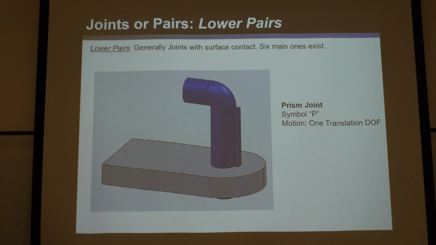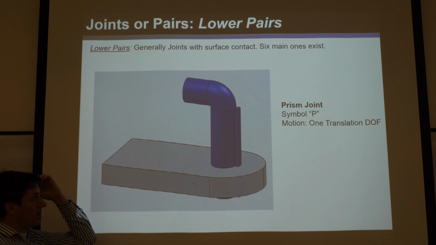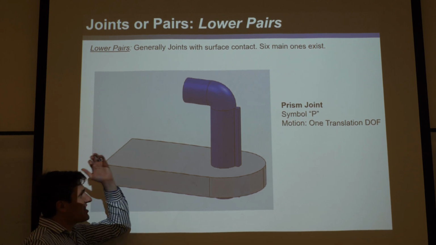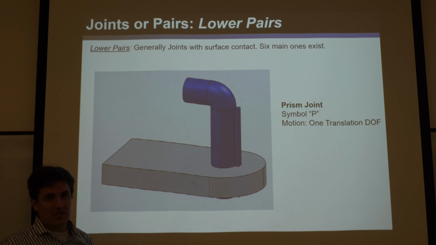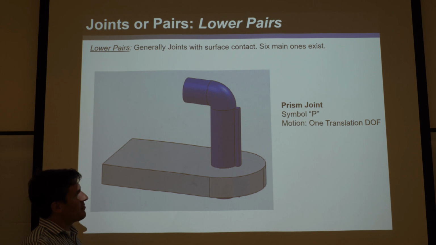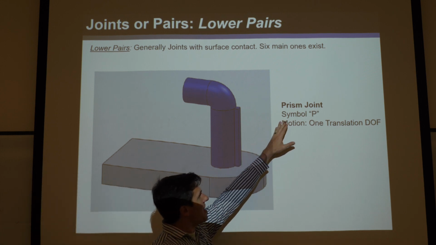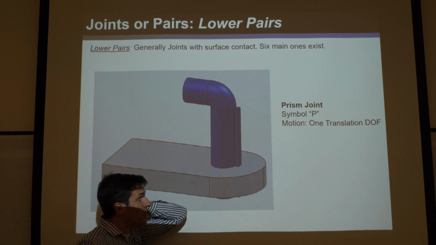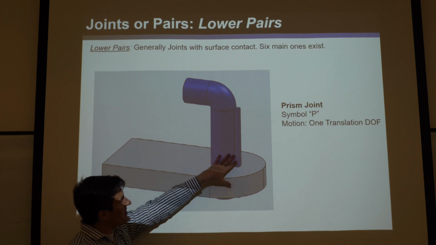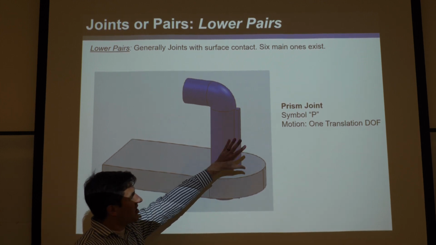Okay, let's look at another example. This is another one degree of freedom lower pair. This is a prism joint, which translates. Some people call it a translational joint or slider joint, but prism joint is the formal name. Its symbol is P for prism. You can see it's basically a cylinder on cylinder, but there's a key here. And it could be many different shapes.